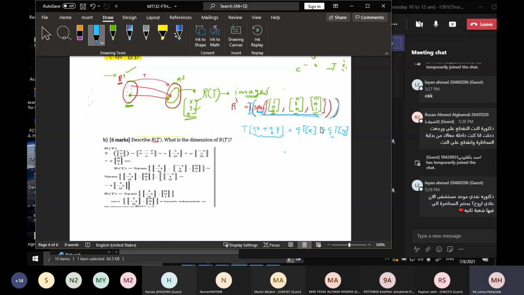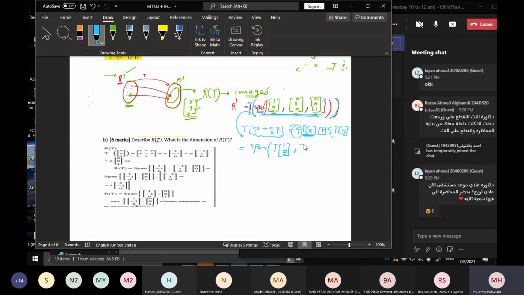So that means I can do the addition after the transformation, and also I can do the multiplication by the constant after. Since the transformation is linear, we can write this as the span of the transformation of the vectors 1, 0, 0, the transformation of 0, 1, 0, and the transformation of 0, 0, 1.